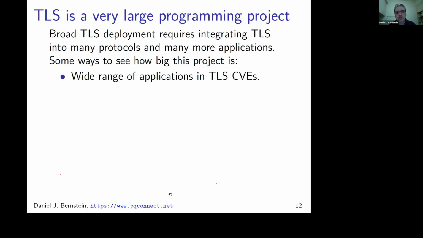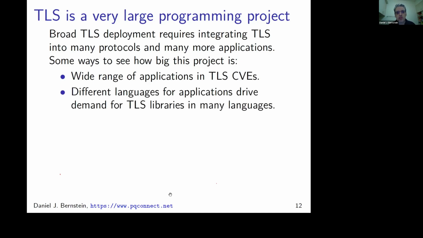Another way to see that TLS is a really big programming project is to look at different languages having different TLS libraries for different environments. When people want to use TLS inside an application, they need some TLS software. And to integrate that into the application, it's sometimes a hassle to use a library written in another language. So people say, I'm writing an application in Go.